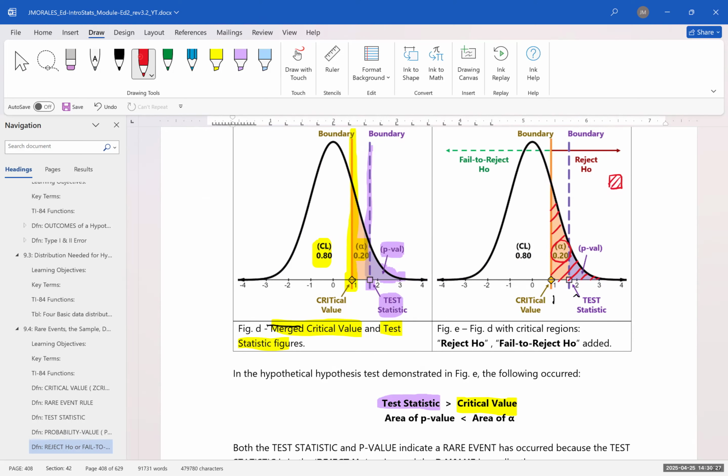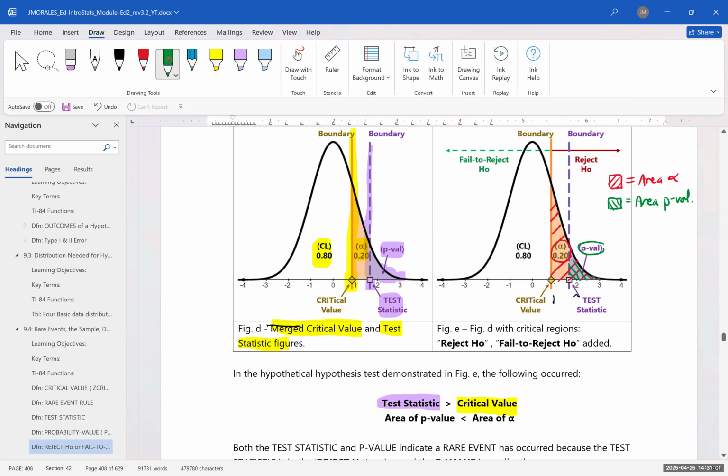This kind of red diagonal lined area is the area of our significance level. Now, in green, let me do the same thing, but this is going to be the area of our p-value. The p-value is the area adjacent to the test statistic. So that's going to be right here.